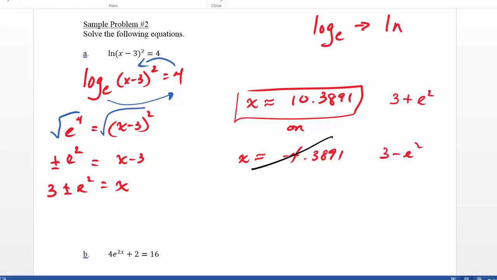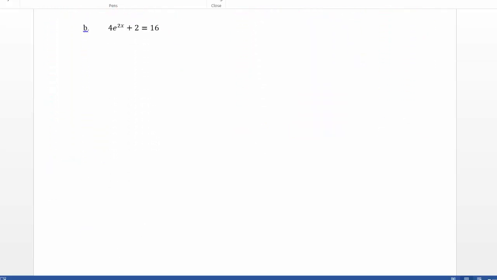Alright, so moving down to part B, let's take a look at that. Now here we have an exponential equation with the exponent only on one side, so we're going to isolate that first. And it's best to go ahead and reduce the fraction.